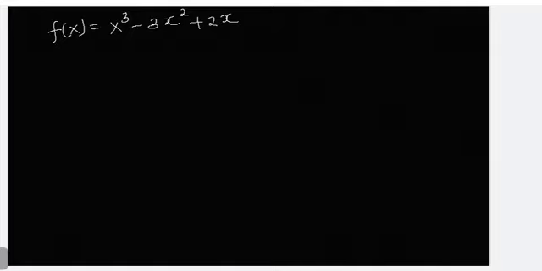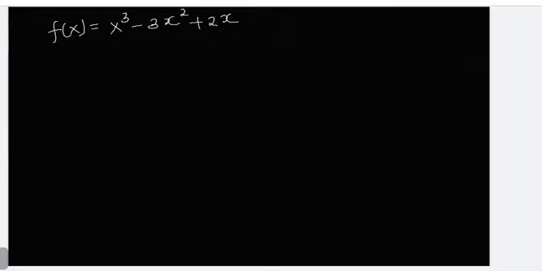Okay, so this is our function f of x equals x to the power of 3 minus 3x to the power of 2 plus 2x. And to be able to find the area bounded by this curve and the given lines, we are going to have to integrate this function within the limits that are specified, that is the limits of x equals 1 and x equals 2.